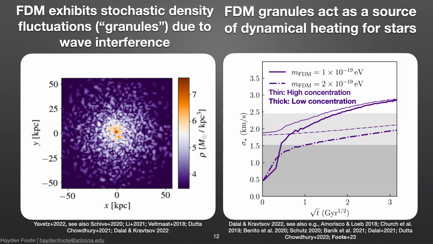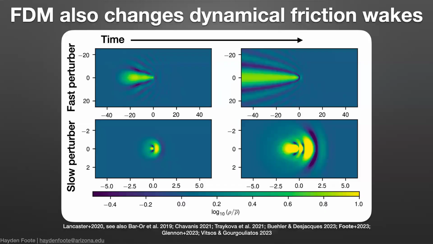They try out a couple different particle masses for fuzzy dark matter and a couple different halo shapes, but the takeaway is that the velocity dispersion of these stars is increasing monotonically with time. And that's only due to the interaction between the stars and these fuzzy dark matter granules. So that's one of the ways that we can put constraints on fuzzy dark matter as a candidate particle.